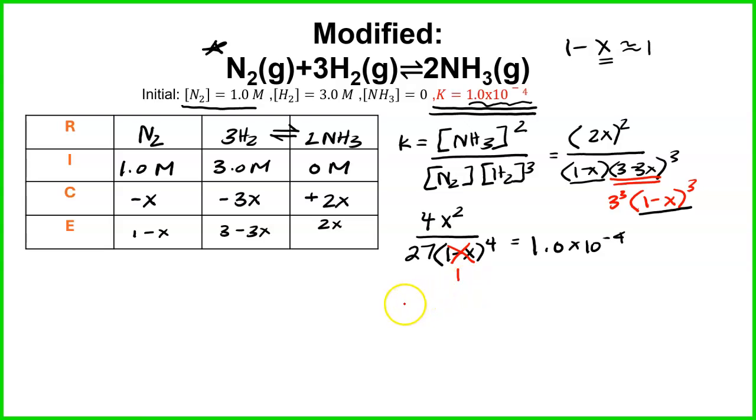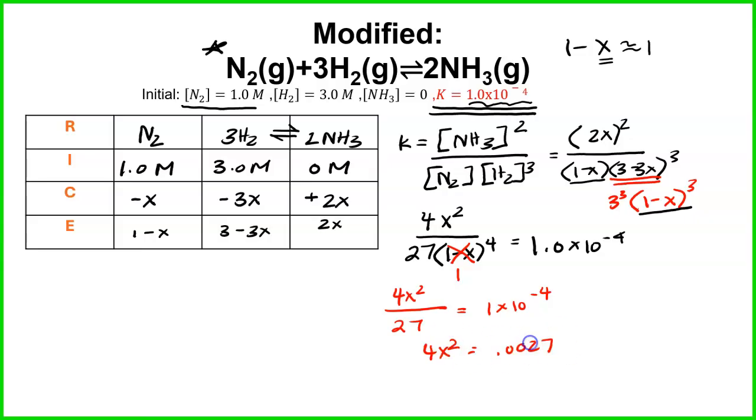So if I continue with this, I have 4x squared over 27 equals 1 times 10 to the negative 4th. I'll multiply both sides by the 27. Which is a pretty small value.